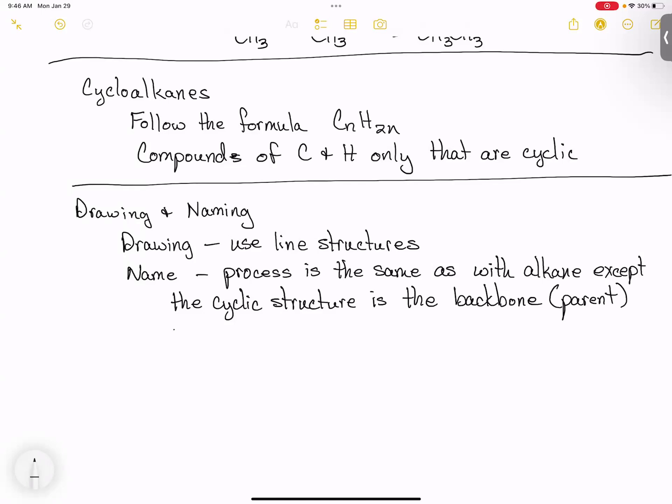Now, step number 1 is to use the cycloalkane name as the parent.